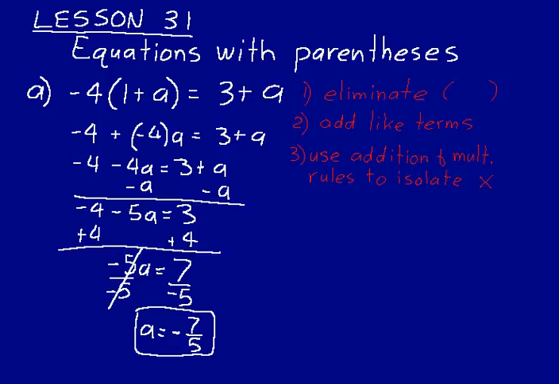And like in problem A here, the A in the 1 plus A inside the parentheses, it's kind of like hidden inside the parentheses. And so you've got to unhide it or unlock it. And you do that by using the distributive property. And you get it out of the parentheses, get it out in the open, and then you use your addition rule to add like terms, and then do the addition rule again, then the multiplication division rule, and you're done.